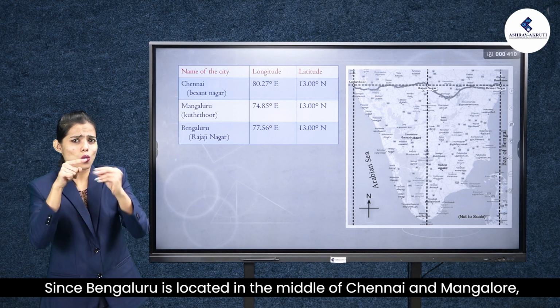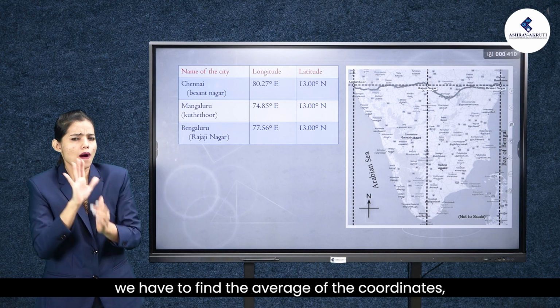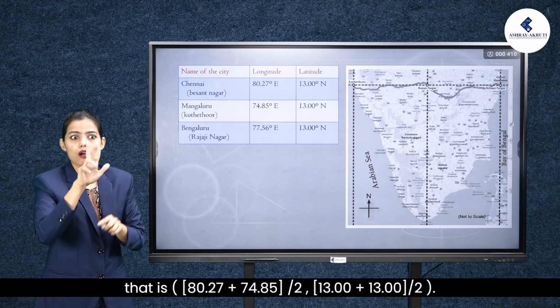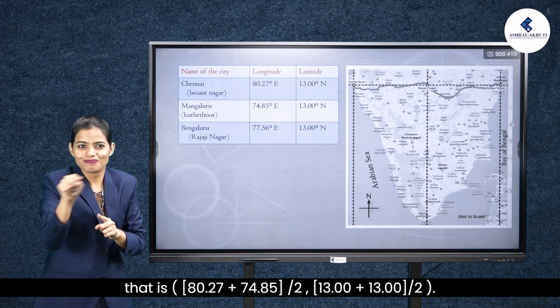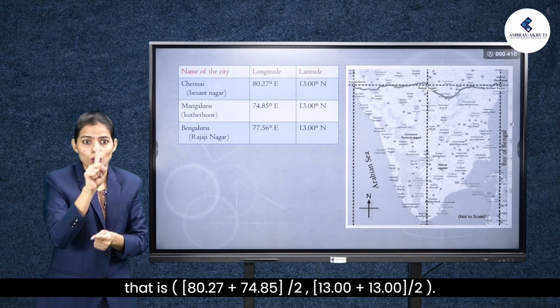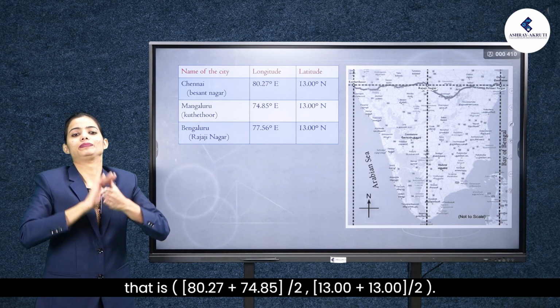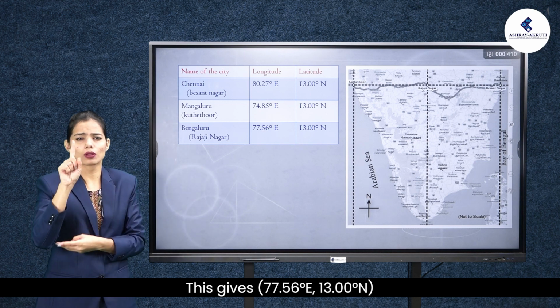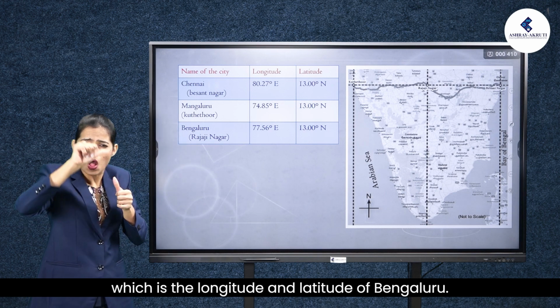Since Bangalore is located in the middle of Chennai and Mangalore, we have to find the average of the coordinates, that is, (80.27 plus 74.85) by 2, (13 plus 13) by 2. This gives 77.56 degrees east, 13 degrees north, which is the longitude and latitude of Bangalore.